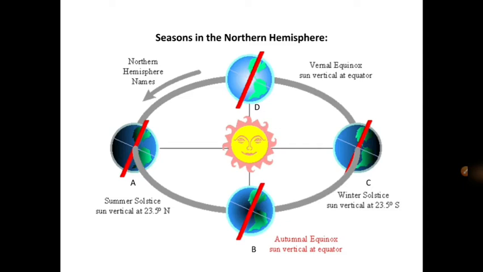So, this is position A on 21st June, when the sun's rays fall directly on the Tropic of Cancer, which is present here at 23.5 degrees north.